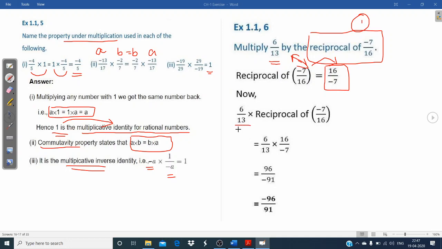So 16 into 6 is 96, and 13 sevens are 91, with the negative sign. This negative sign you can put anywhere, numerator or denominator. So the final answer is minus 96 upon 91.